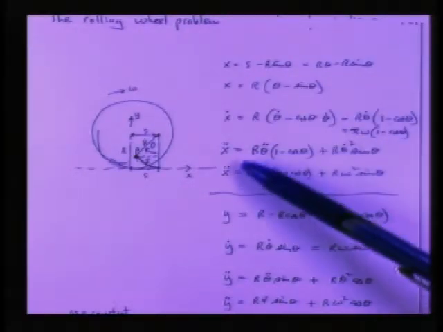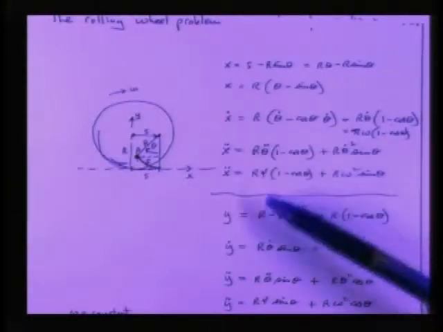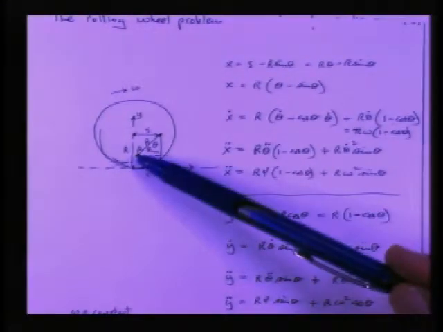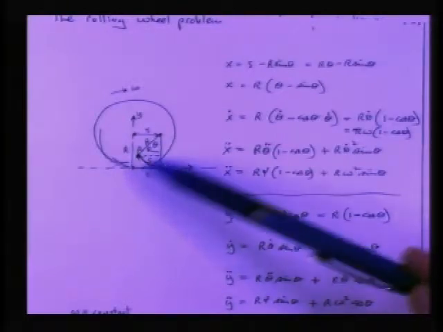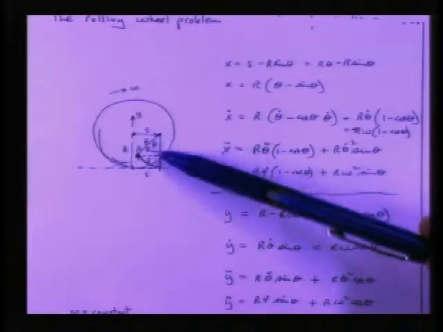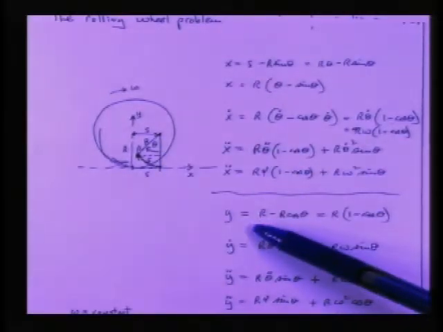We then crank the derivatives on it, and we get the velocities and accelerations. Similarly on y, the height y is you go up to r, and then you're going to back down r cosine theta to get to the y reading, and differentiate.